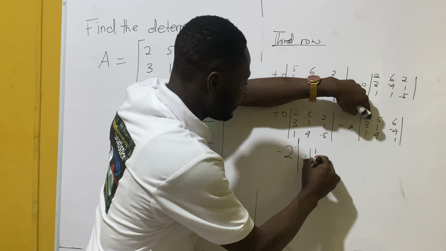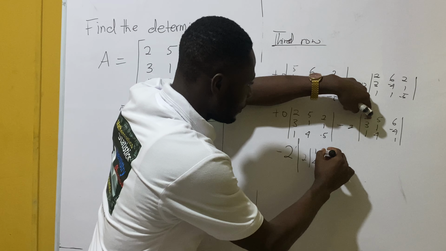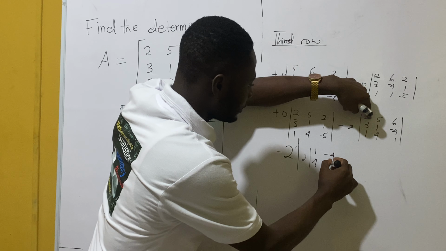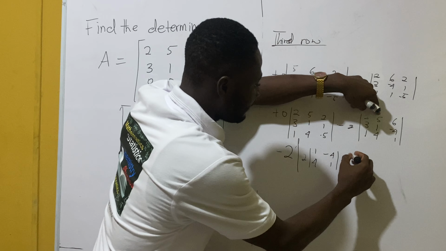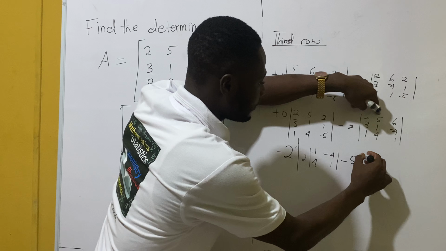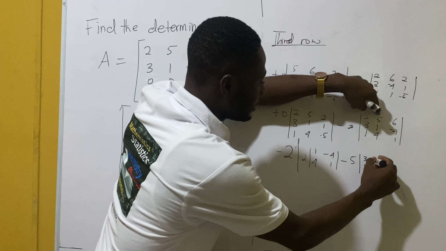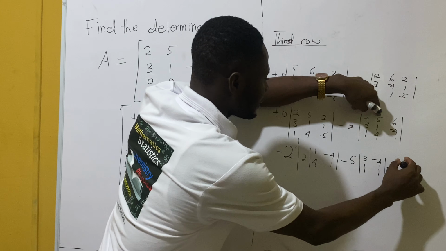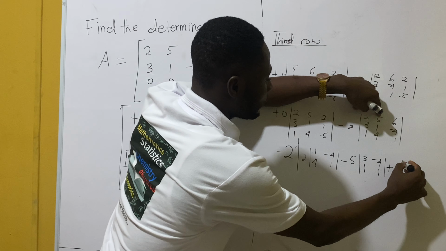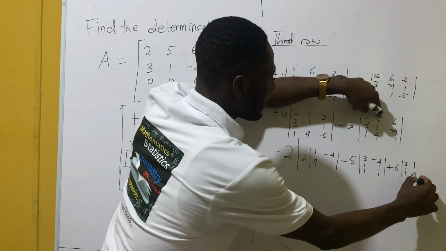So we're going to have 1, 4, 1, 1, then minus 5, 3, 1, 4, 1, then plus 6, 3, 1, 1, 4.